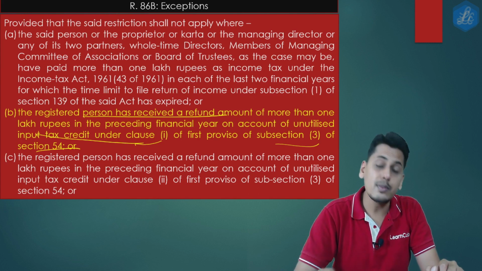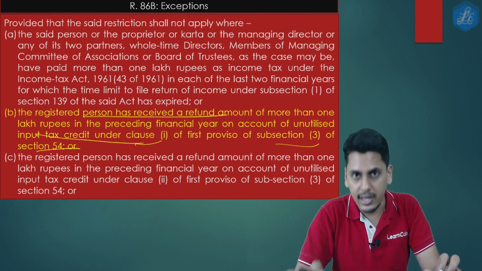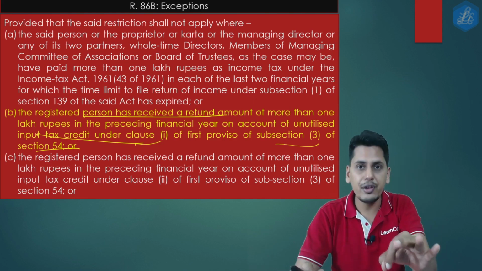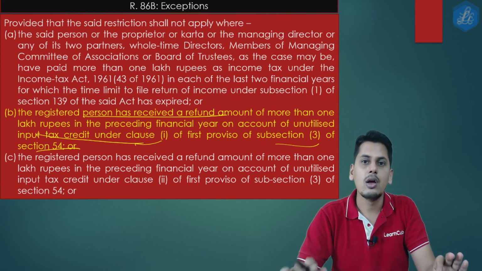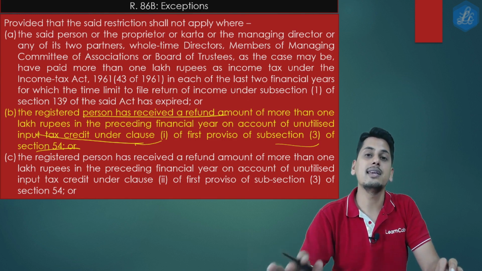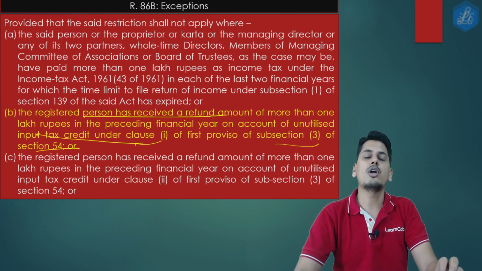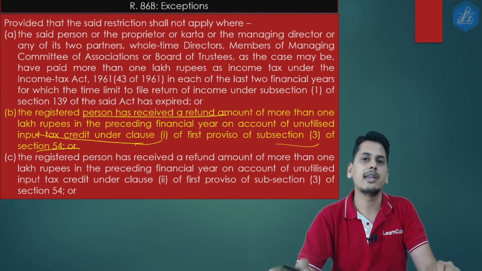So friends, he is making zero rated supplies under LUT, yes. Now friends, for him 86B will not be applicable if he has received a refund of more than 1 lakh rupees in the preceding financial year. In those cases, 86B would not be applicable for him in the current financial year.